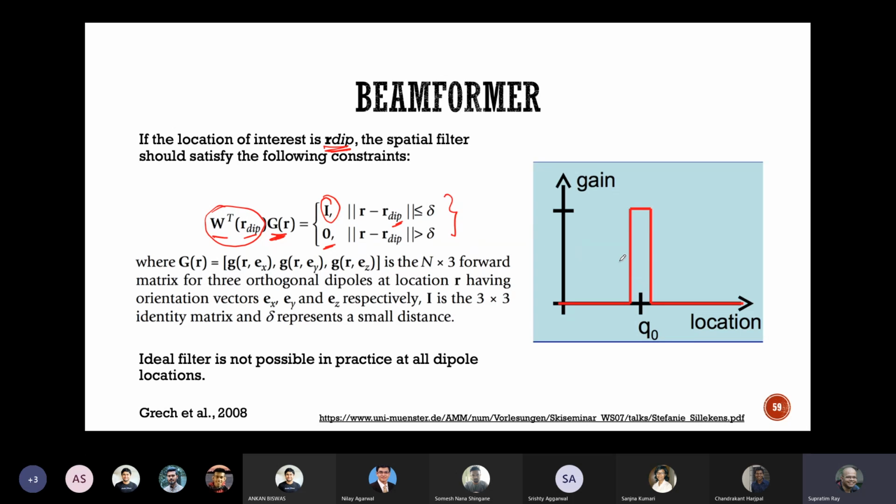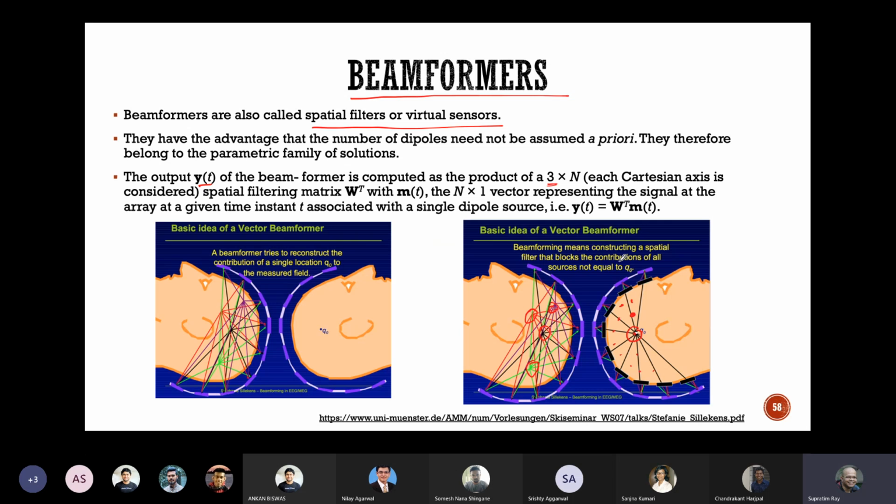Okay, so a beamformer essentially gives me a weight vector, and when I apply this weight vector to the data, it gives me the source at that location. So if I can estimate that weight vector for any given location, then I apply it to the data and it gives me the source. That's it. That's a beamformer. It's like a beam that is being formed.